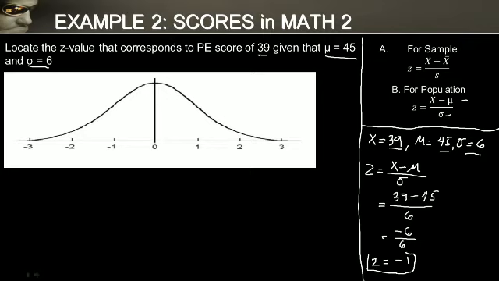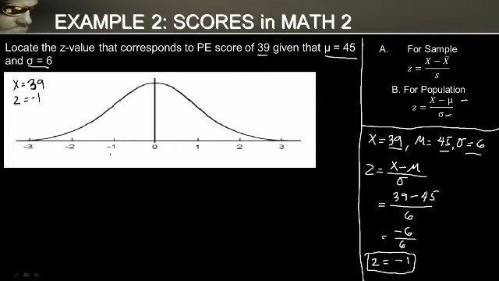Kasi magkaiba po ng sign at pinag-divide po natin siya. That is a basic rule of integers, division of integers. Now, so therefore, as you can see, as you observe, the value of your z is negative. Therefore, that is below the mean. Pero patunayan po muna natin sa normal curve. No? So, given that the value of your raw score is 39, and then yung 39 na may value na negative 1.